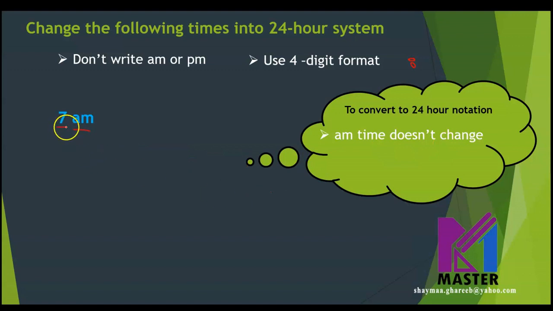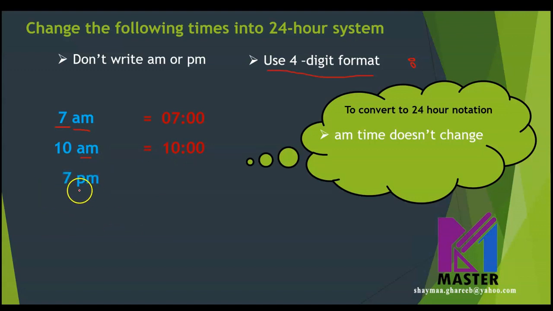So the 7 will stay as it is, but I'm going to use 4 digits. So the 7 o'clock will be 07, and there are no minutes here, so I will put a colon, then 00. Is this clear? 10 a.m. is exactly the same, still in the a.m. period, so it will be 10:00, 10 o'clock.